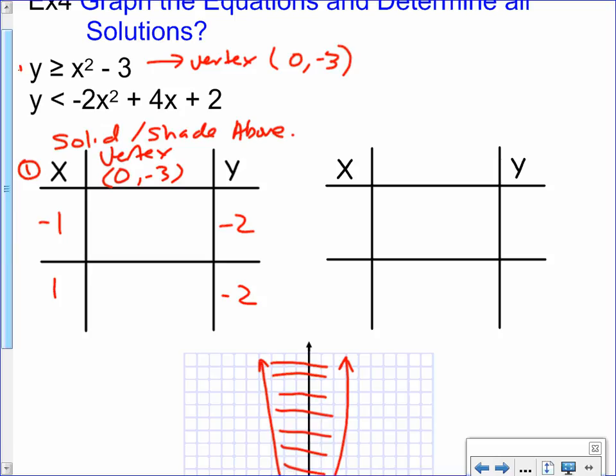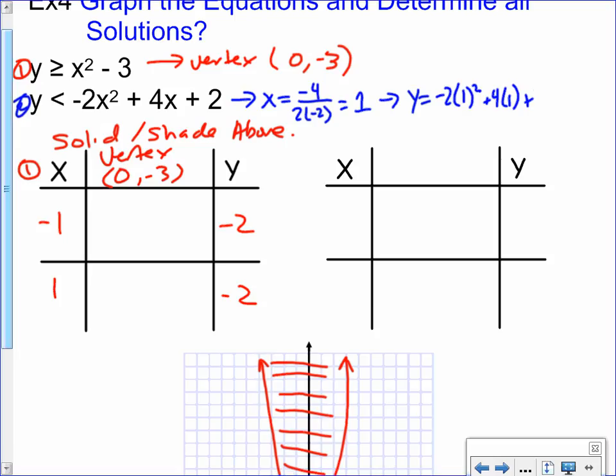Number 2 looks something like this. It's not in vertex form, no big deal. X is equal to -4 over 2 times -2, which is 1. Y will be -2 times 1 squared plus 4 times 1 plus 2.